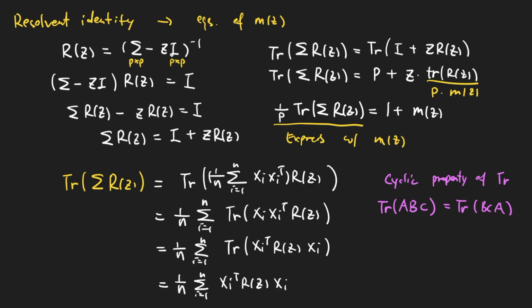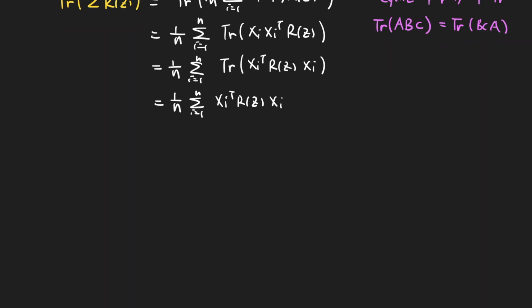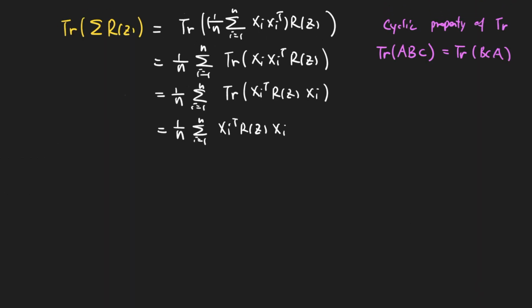Okay, so we notice that this formula has already been simplified a lot. But actually there's a problem because R of z is not so easy to handle. So let me just expand the formula and we can see why, right? R of z is a resolvent. So we have the covariance matrix as 1 over n times the sum of xj xj transpose minus z times identity, and then the inverse.